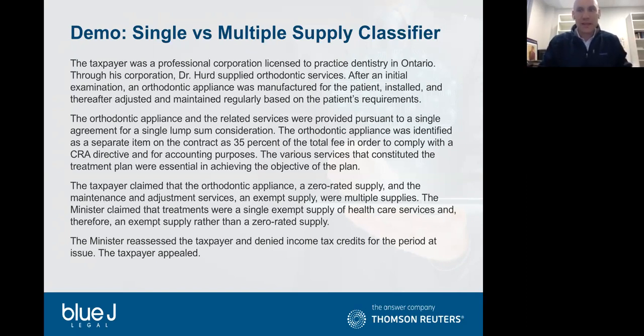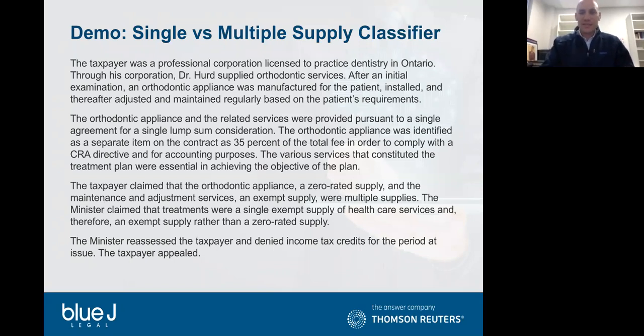So philosophically, they get different treatments, and so it's not as good for the corporation to be in the position of making a single supply if that entire single supply is going to be characterized as an exempt supply. So the way that the professional corp here was approaching this situation was, no, 35% of this agreement is a zero-rated supply, and so that would have permitted the professional corp, if that was regarded as a separate supply, to then claim input tax credits.